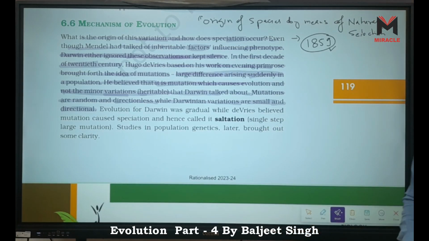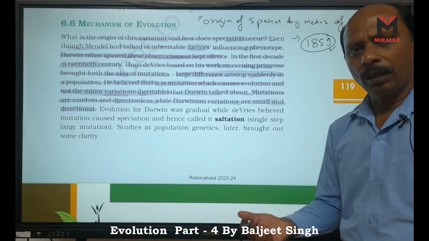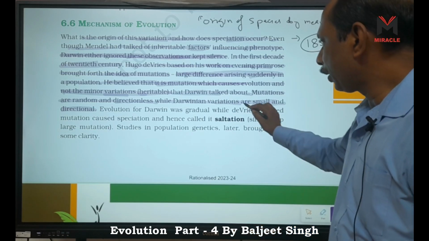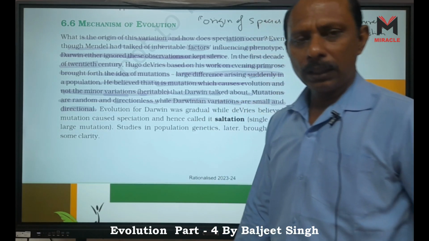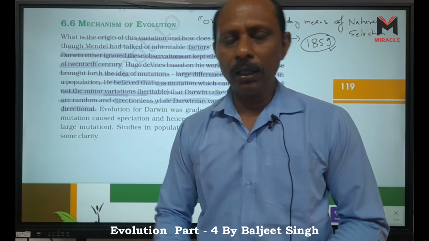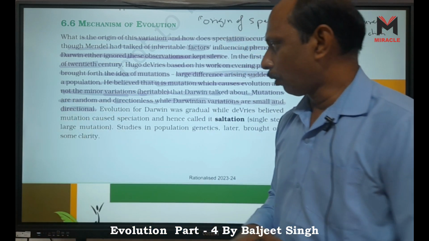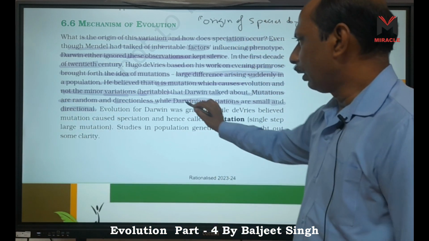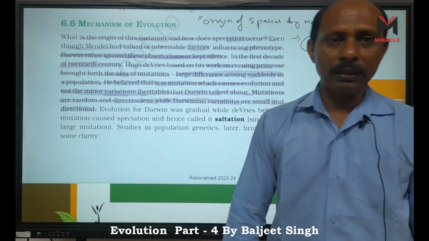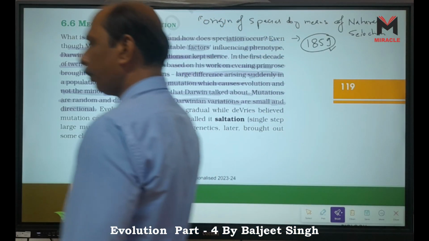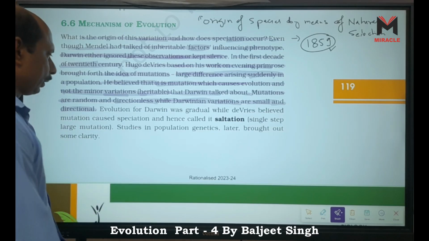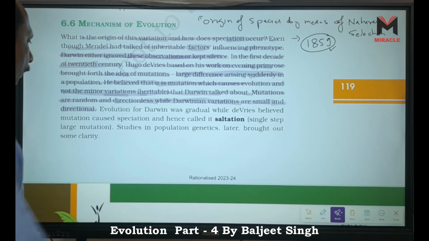New offspring will come with which trait, but in mutation, because they are sudden changes, either deletion or insertion. Already we read different types of mutation in our previous chapters, right? You understand that mutations are directionless and random, right? So they come suddenly, sudden changes, and these changes are inherited in new offspring also.